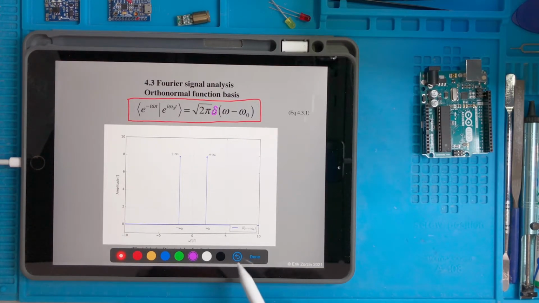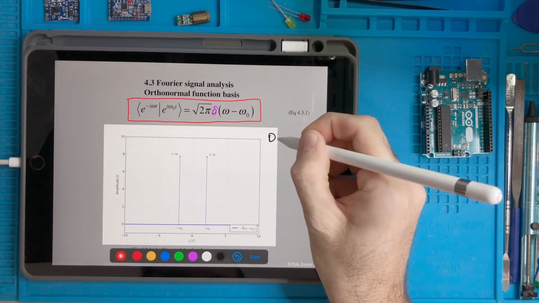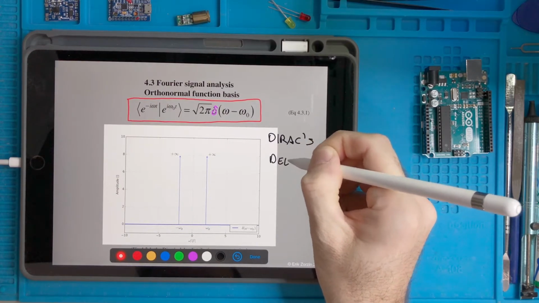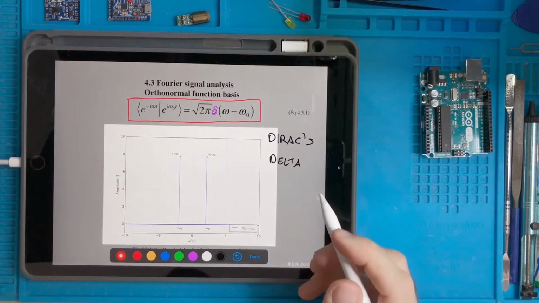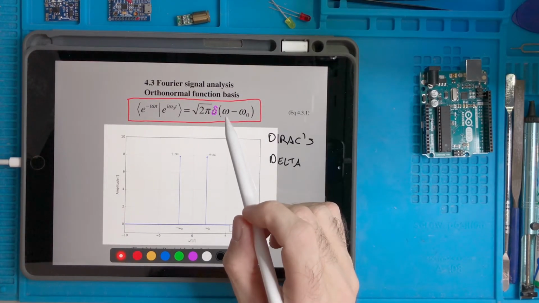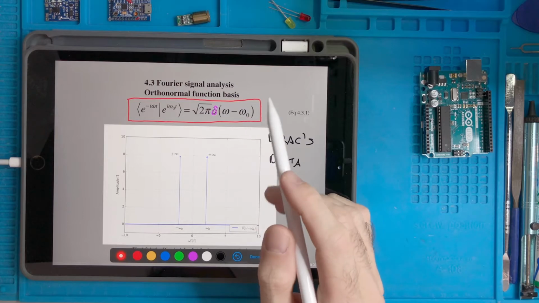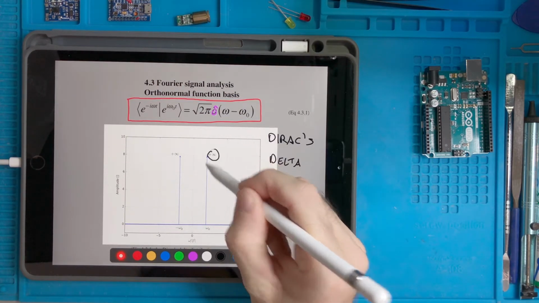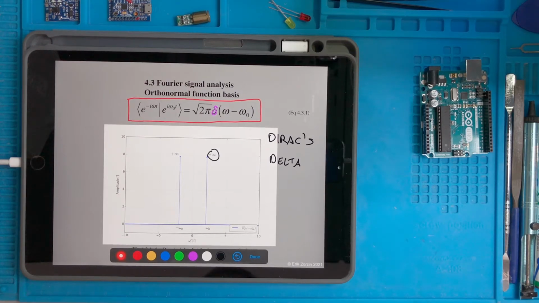Here you have a chart. This is the Dirac delta. It's a function that stays 0 for omega different than omega 0, and it's a sort of spike that goes to plus infinity for omega equals omega 0.